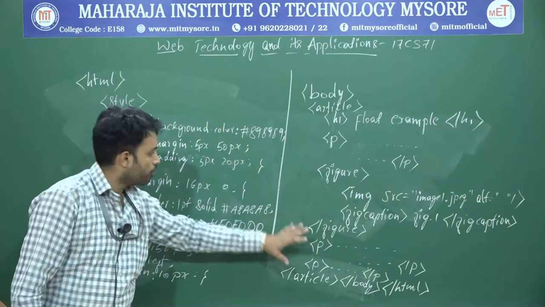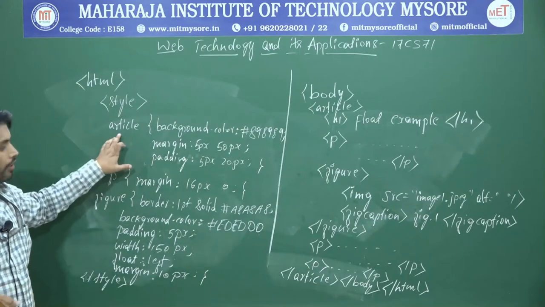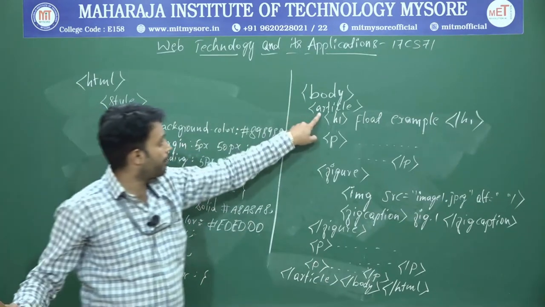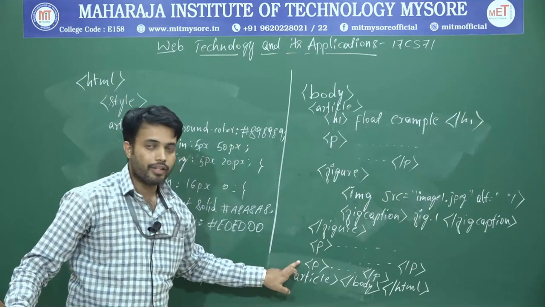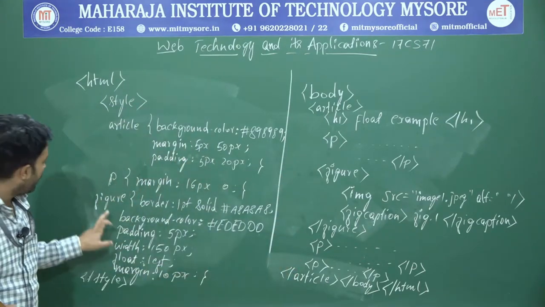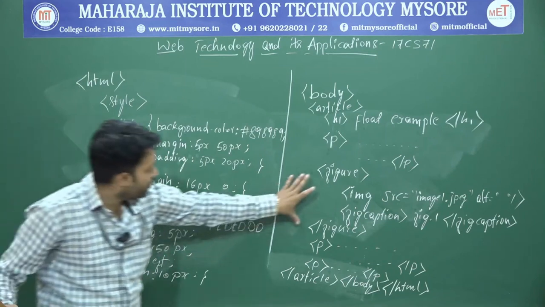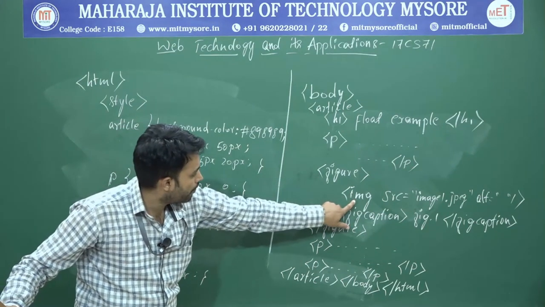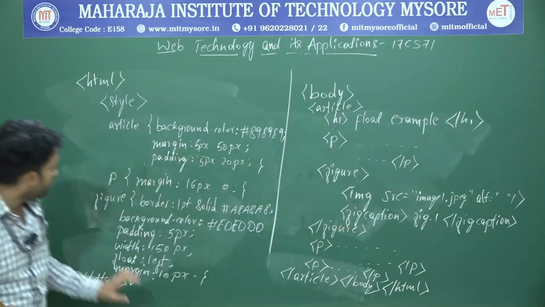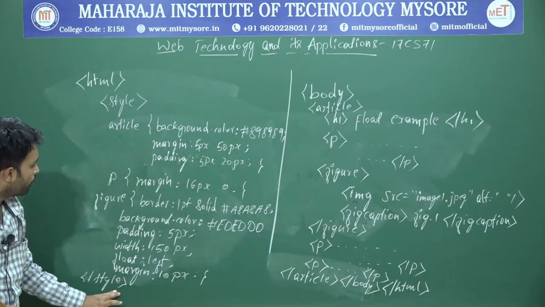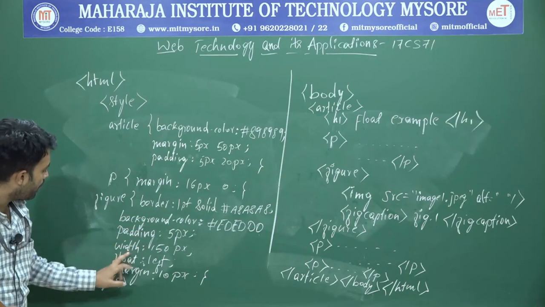So here is one more example. Here I have written a style for article separately, and again for p, that means for paragraph, I have written a style separately, and again for figure. Within that figure we have the image as well as the figure caption. For that I have written one more style with border, background, padding, width.